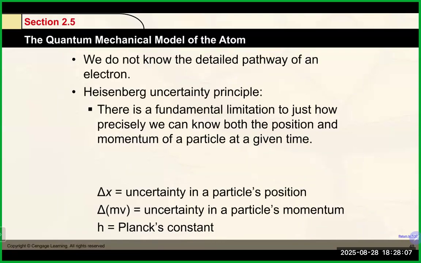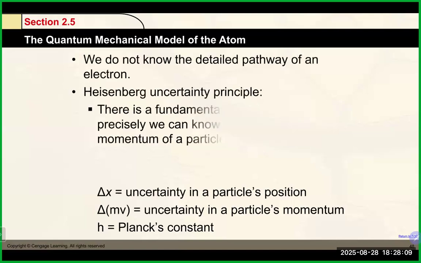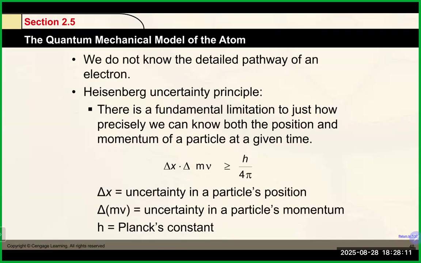So as we've been talking about, we are sort of moving away from Bohr's idea of this planetary model to this idea, which is sometimes referred to as the quantum mechanical model. We really don't know how a particle like an electron is moving. And the next idea that moved us away from that was done by Heisenberg.